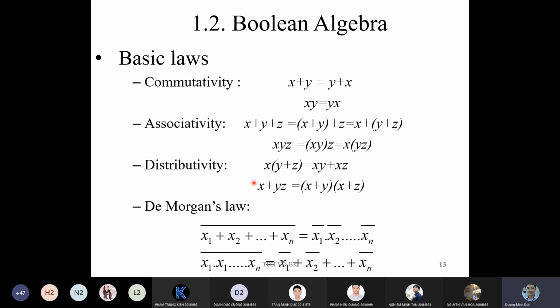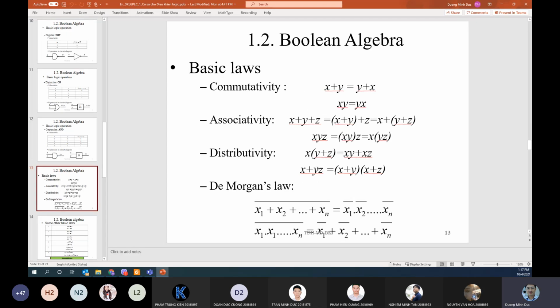But for the logical algebra, there is something that looks strange. x plus (y multiply z) equals (x plus y) multiply (x plus z). Sorry, I will write it down. I will make some revision here, to make the similarity with this one. Okay, so just wait for a while. Okay, here it must be here.